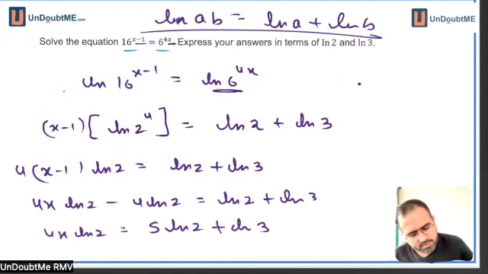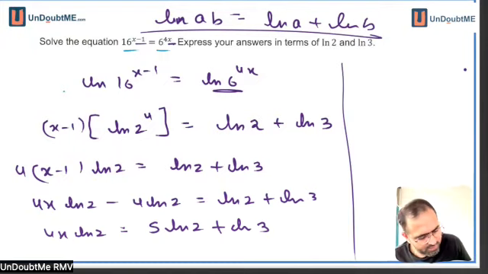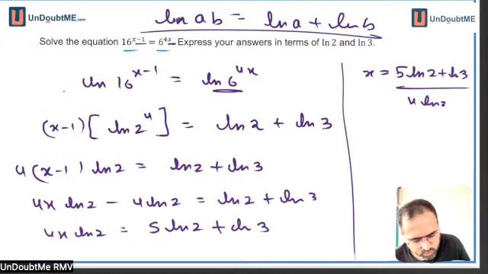And I will get x is equal to 5 ln 2 plus ln 3 over 4 ln 2.